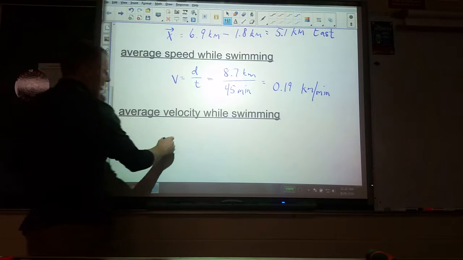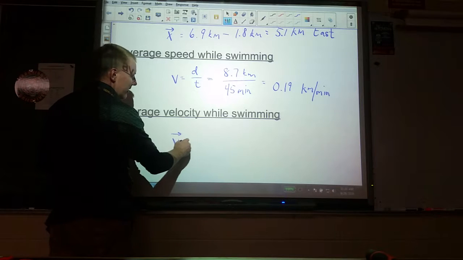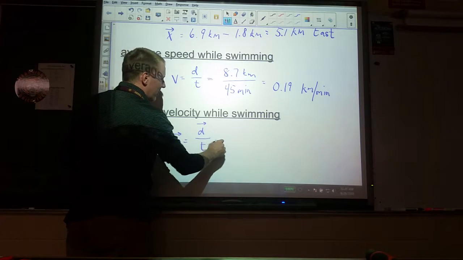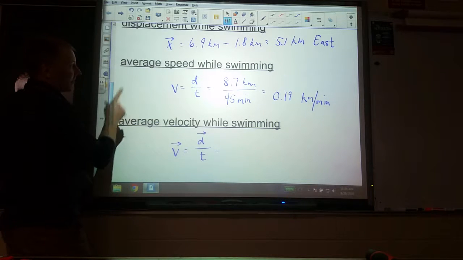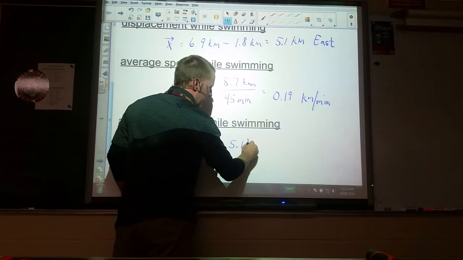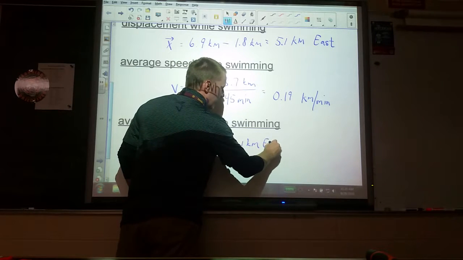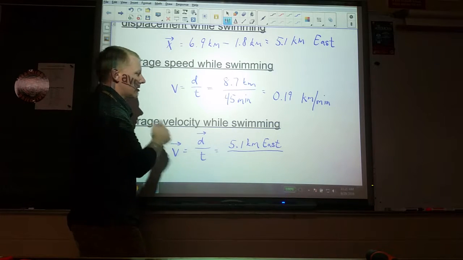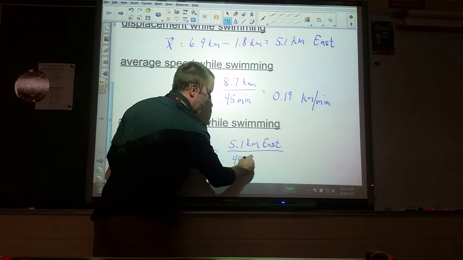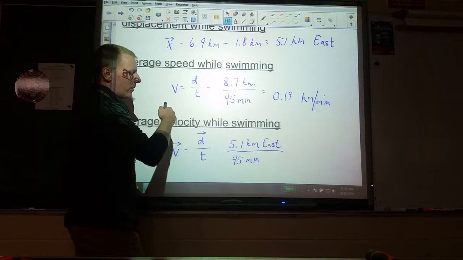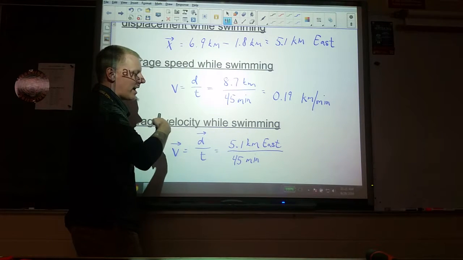Velocity is a little different now, because velocity is a vector, and it uses the displacement of our whale divided by the time. The displacement we figured out was 5.1 kilometers east. But the time is no different than before. That trip still took 45 minutes, even though we're sort of ignoring the section where the whale went farther east and came back.